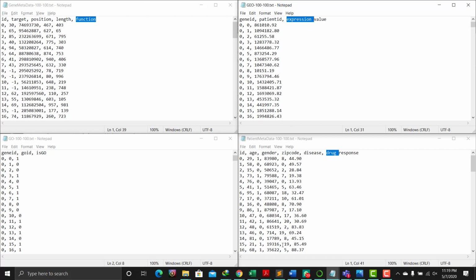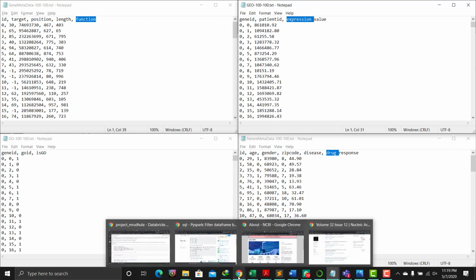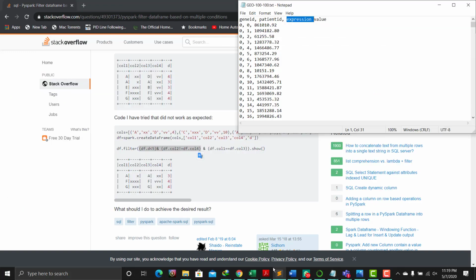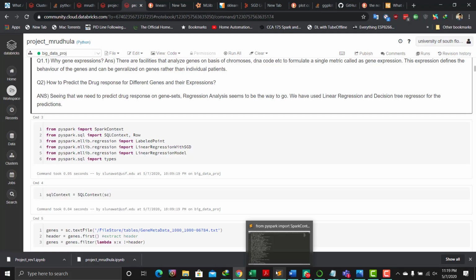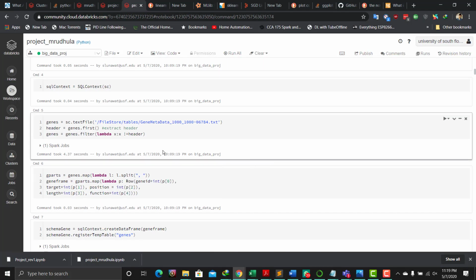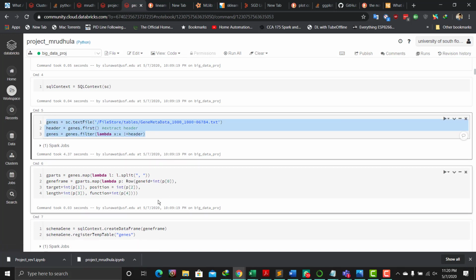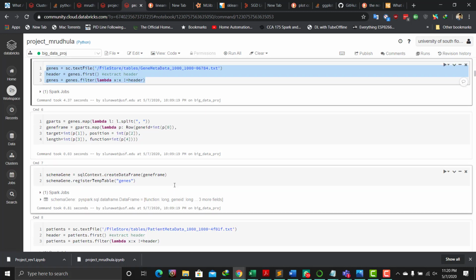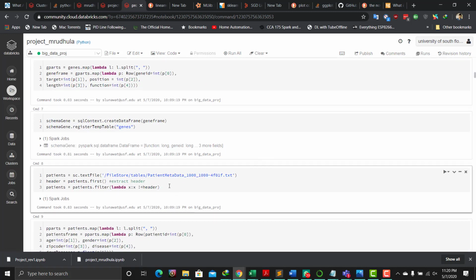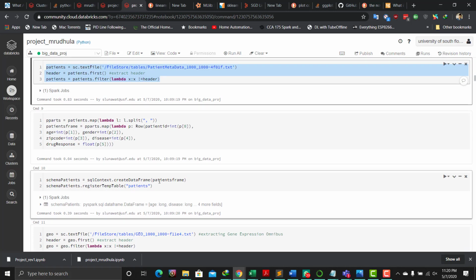So let's talk about the process of how this project goes forward. Once we import all the files in our Spark, we are doing one simple thing.